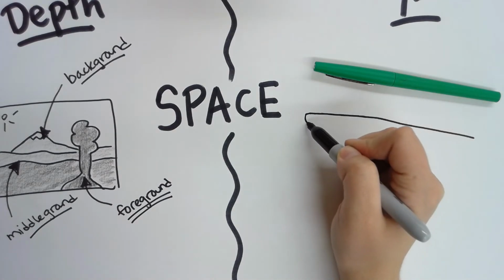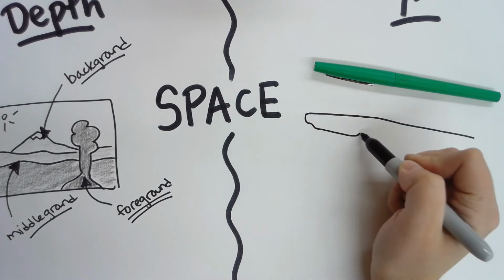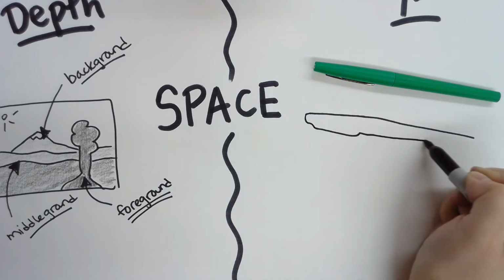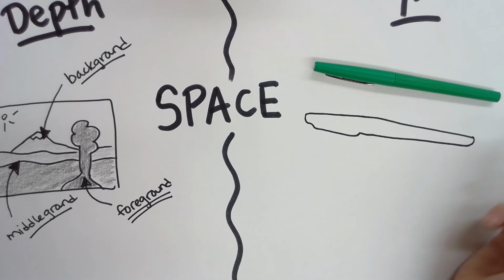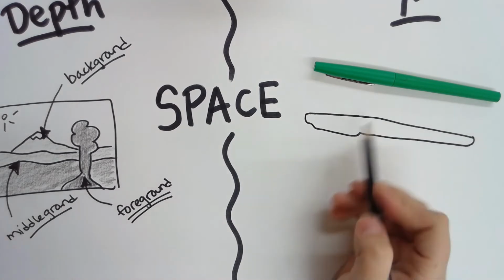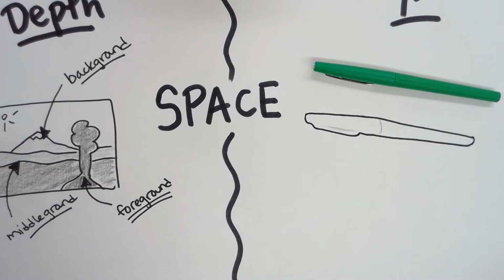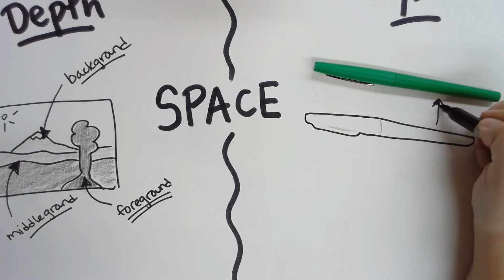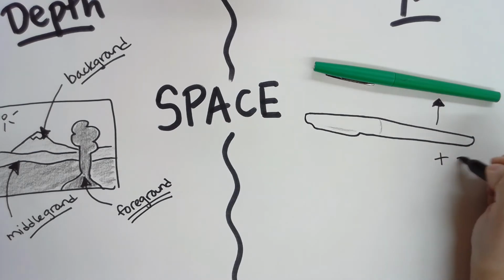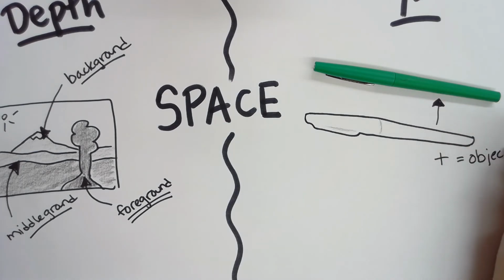So whatever object it is, that is our positive space. Now, a lot of times in drawings, we end up adding the details, like we've got the cap and all that kind of stuff. But when we're just focusing on what is the positive space, it is the object itself, okay? Positive equals object or the subject.